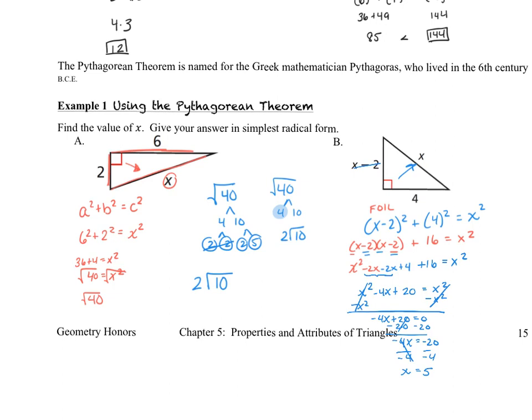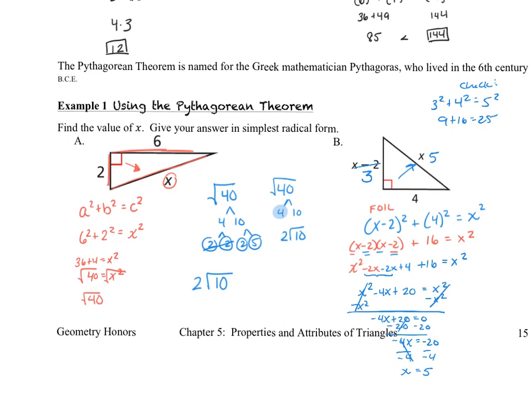So 5 minus 2, so this side's 3, and the other one's 5. And I can check that to make sure. So if I just do a squared plus b squared equals c squared, you get 9 plus 16 equals 25. So that's correct.